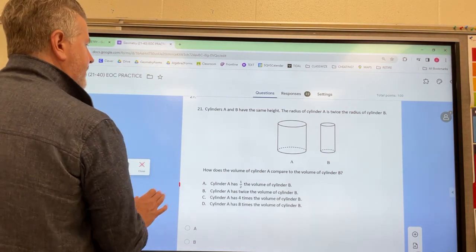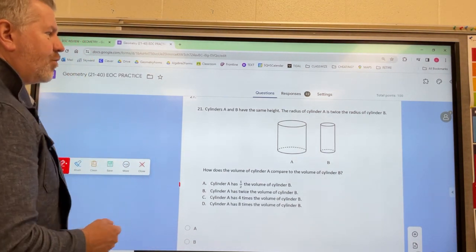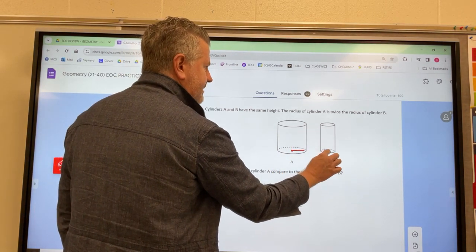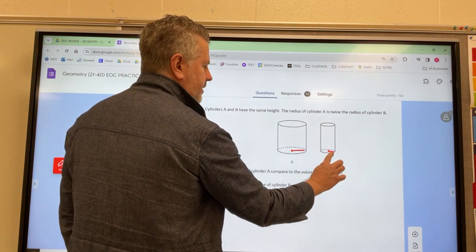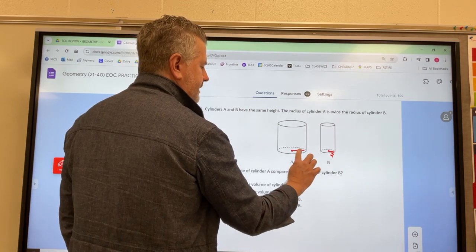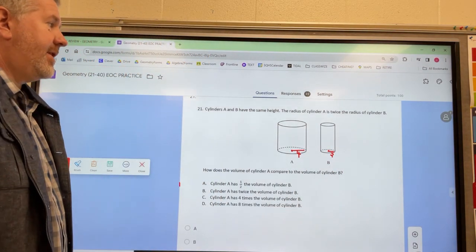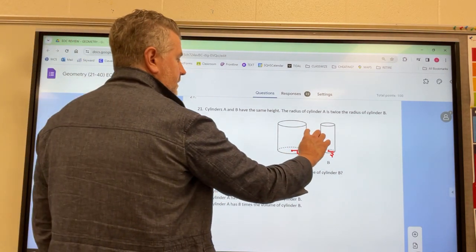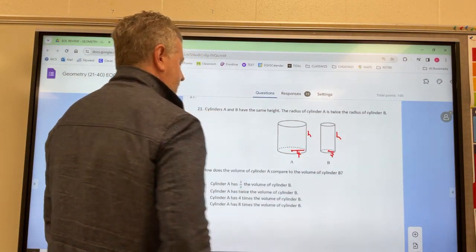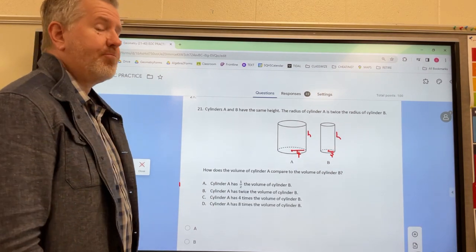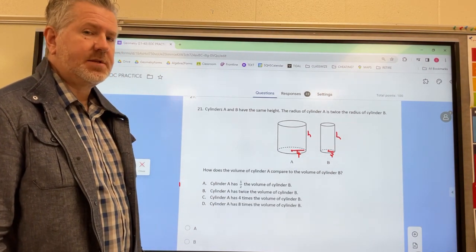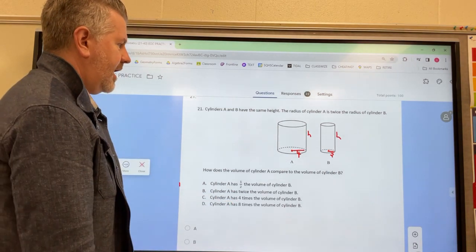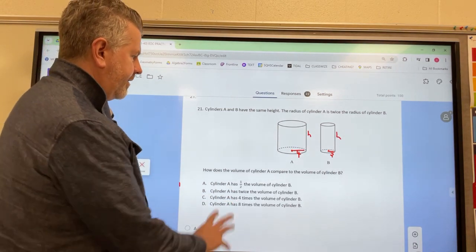Okay, so cylinders A and B have the same height. The radius of cylinder A is twice the radius of cylinder B. So let's say cylinder B is 2, and then cylinder A is 4. Then, they have the same height, so we're going to plug in some numbers and see how they compare so that we can compare the volumes.